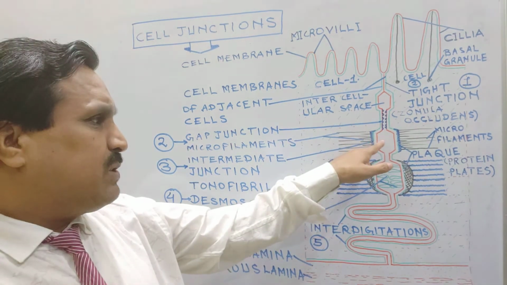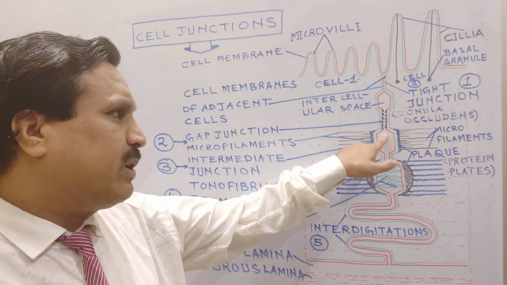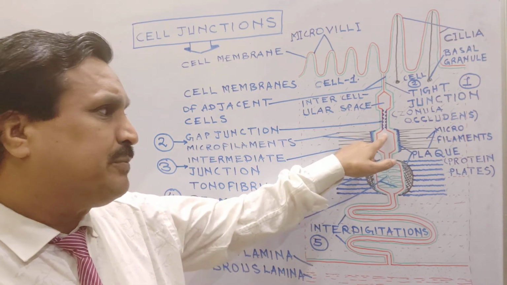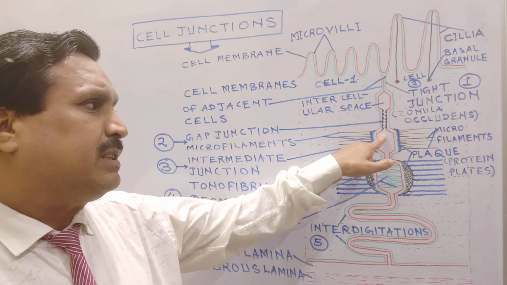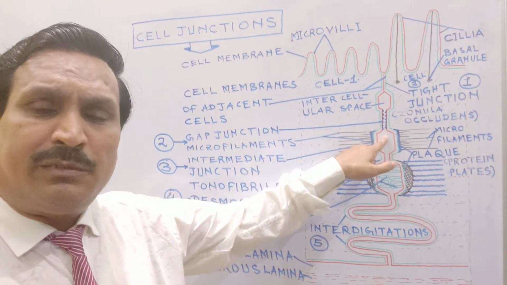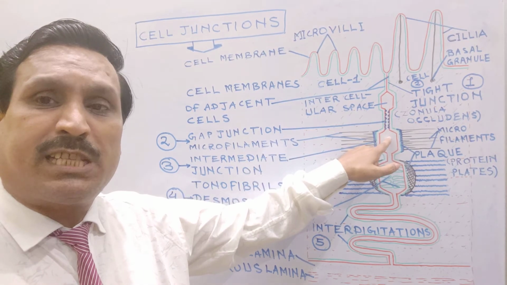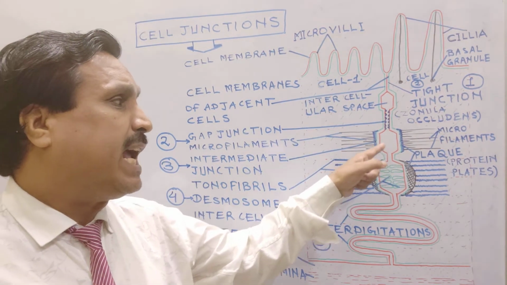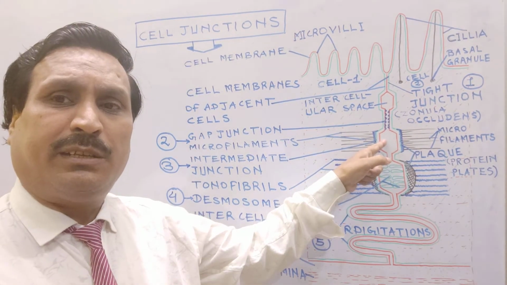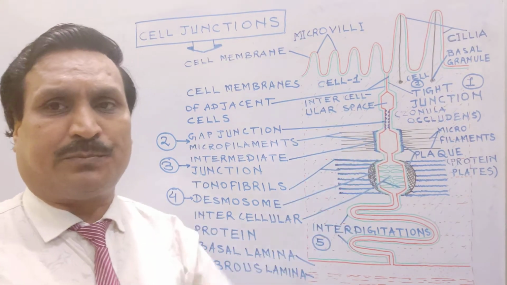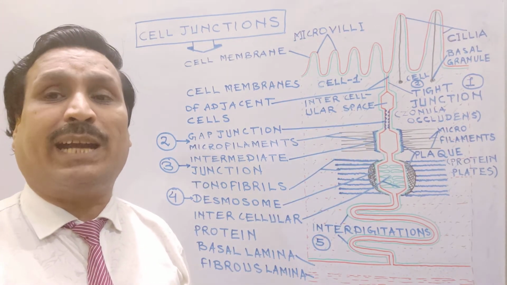The space which is visualized in the center of intermediate junction is filled with low electron density fluid, and it is a sticky substance and it helps in sticking adjacent cells and thus provides anchorage.